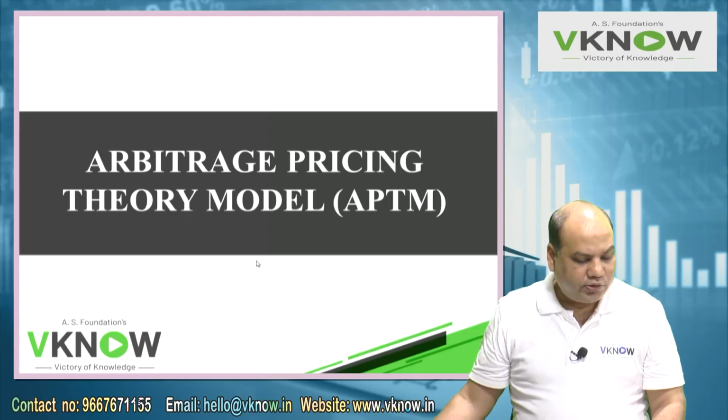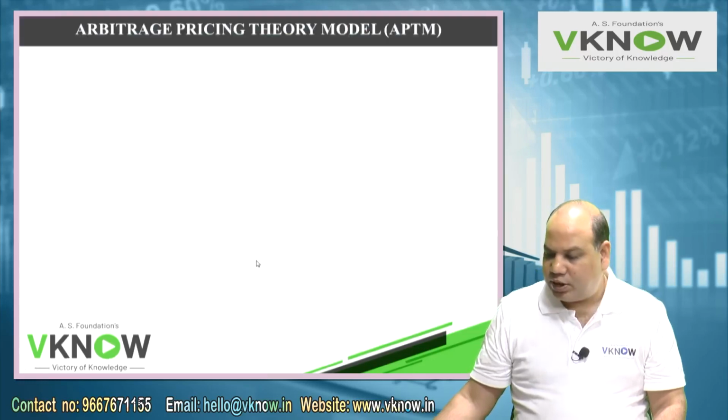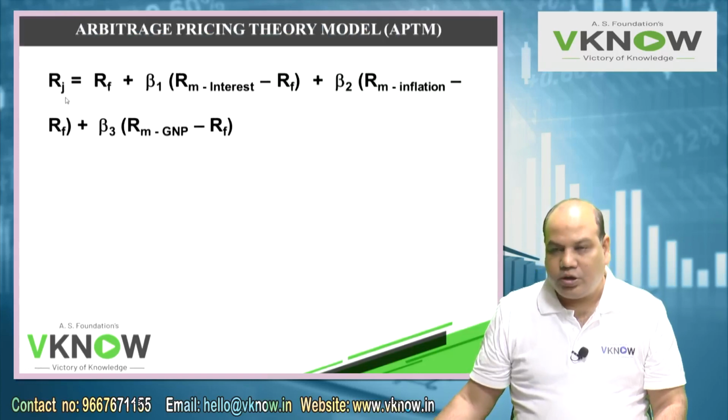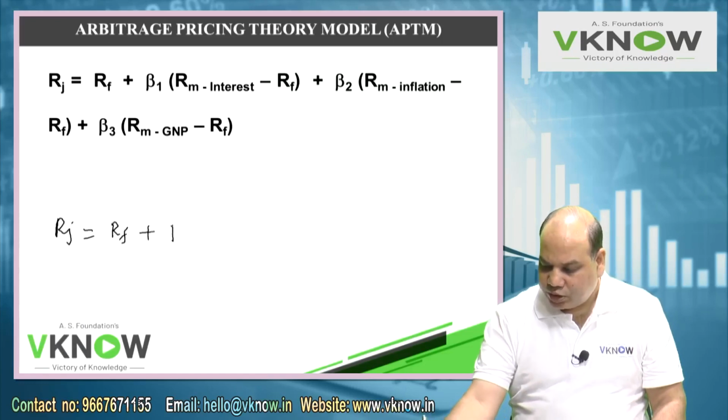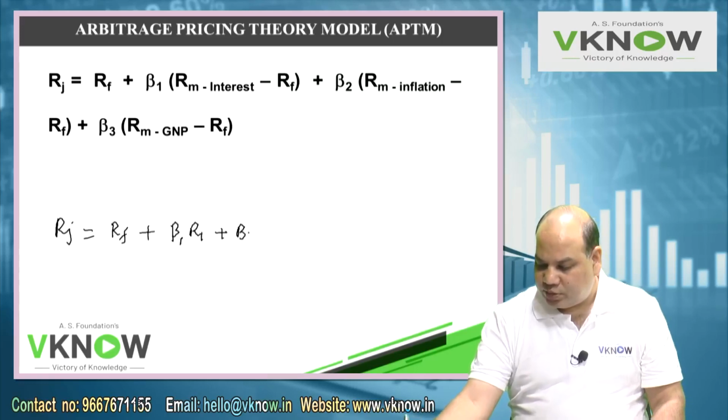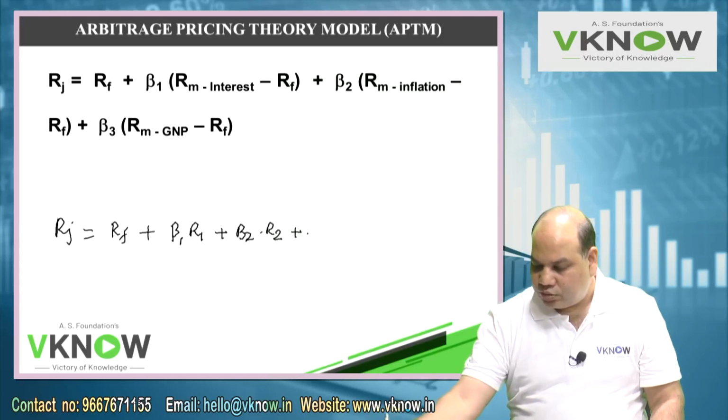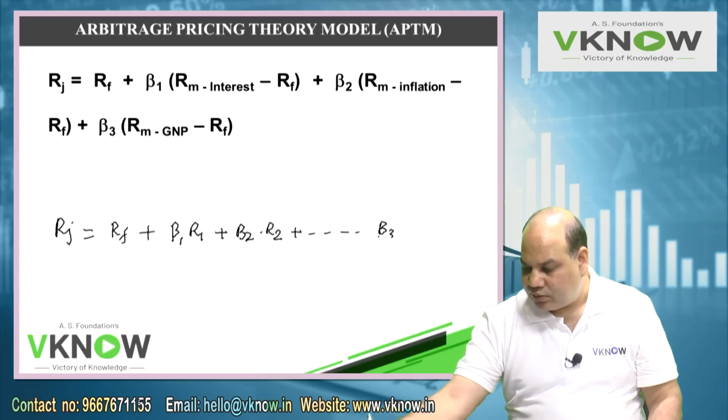Next, very important is APTM, arbitrage pricing theory model. Return on the stock is equal to RF plus beta 1 into R1 plus beta 2 into R2 plus beta 3 into R3, and so on up to beta n into Rn.